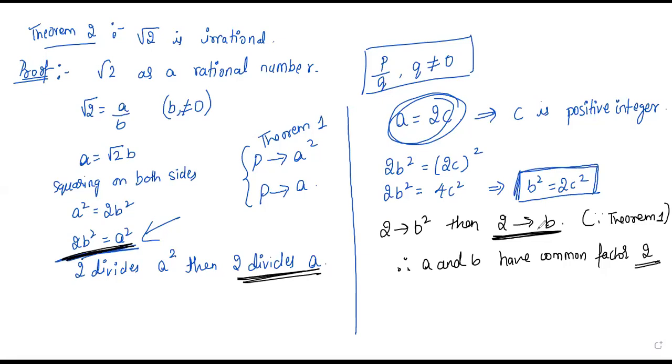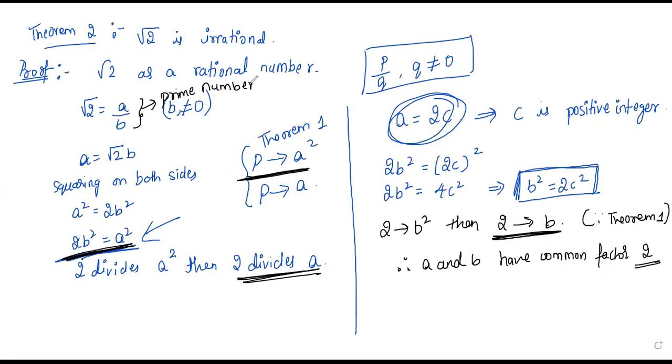If you consider any rational number A by B, it shouldn't have a common factor. Initially we considered A and B as coprime, because in Theorem 1 we use P as a prime number.